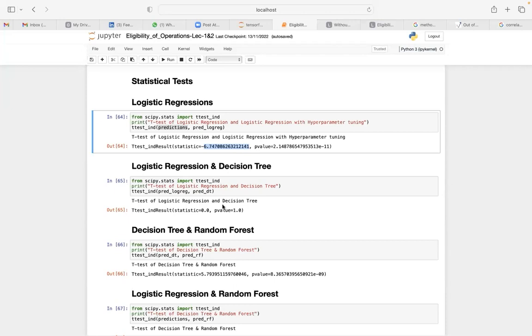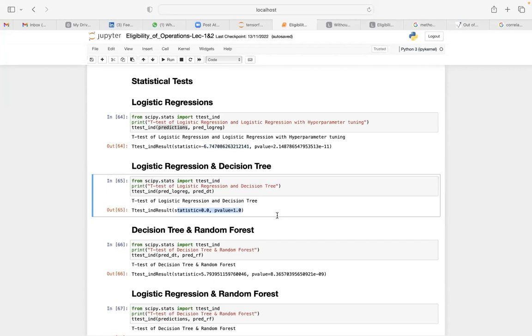When you compare the result of logistic regression and decision tree, it says the p-value is equal to 1 and the statistic is equal to 0. That means that whatever result we were getting from logistic regression, we're getting a similar result from decision tree. So unless you're getting something evident enough to prove something, like a jump in accuracy, a jump in one key performance indicator, you can or cannot choose to use a decision tree or logistic regression model.